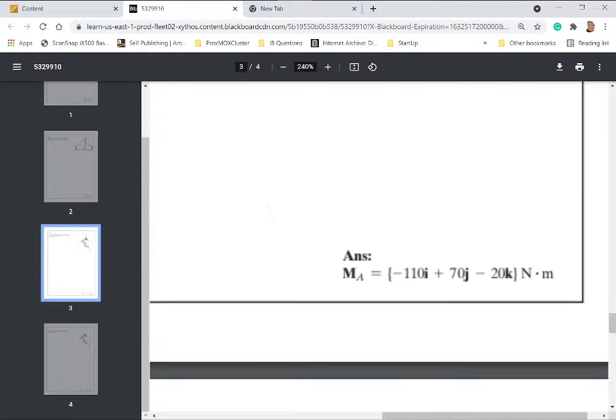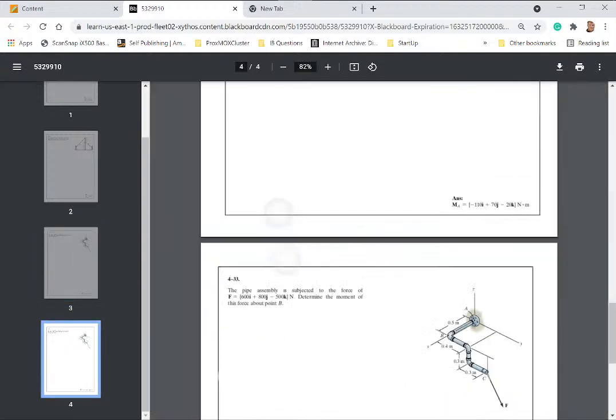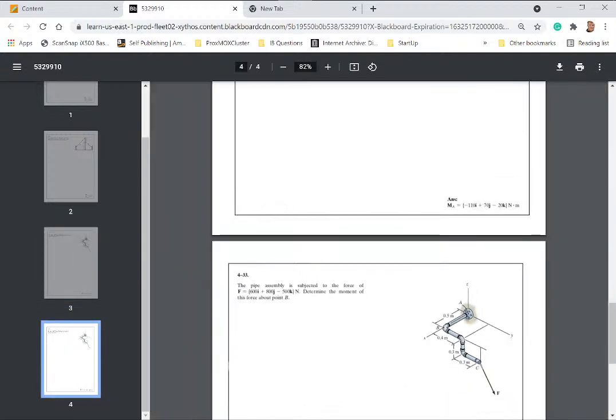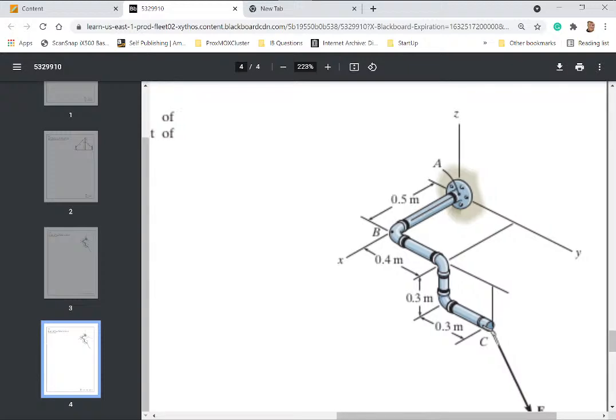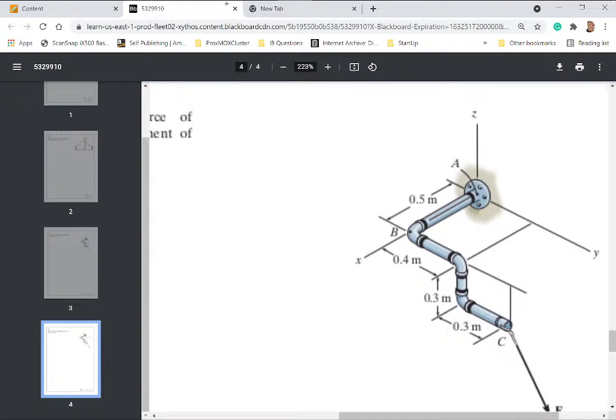So we can turn around and do this related to B, and we'll end up with a vector that originates at B and it points to C. The only thing that's different is this little 0.5.